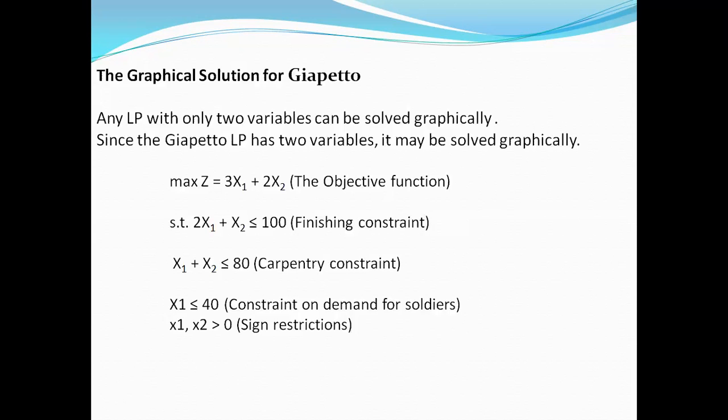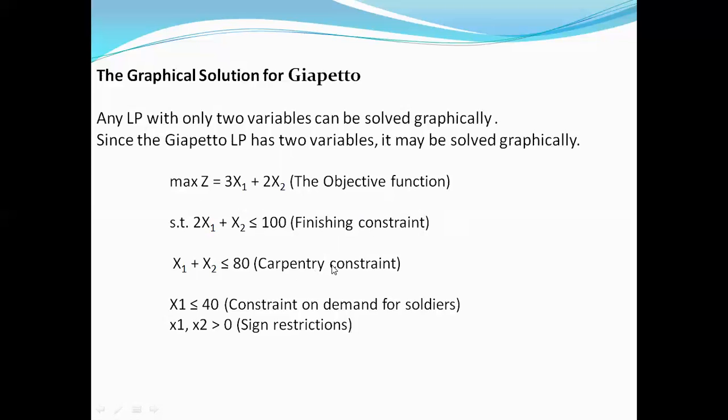So I am taking the same values: maximize z equals 3x1 plus 2x2, the objective function, and the number of working hours for the finishing constraint, that is 100 hours, equating the manufacturing of soldier toys and train toys with respect to the 100 hours of finishing constraint.